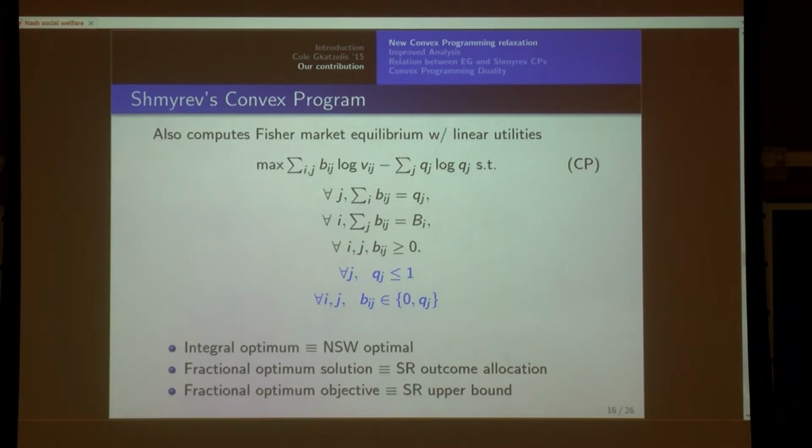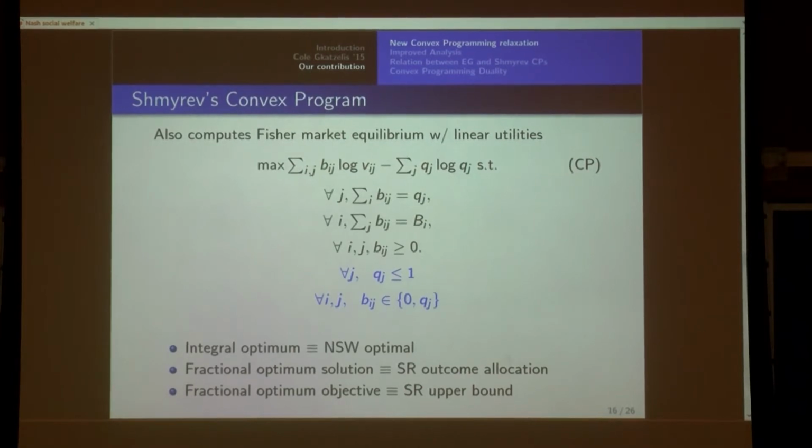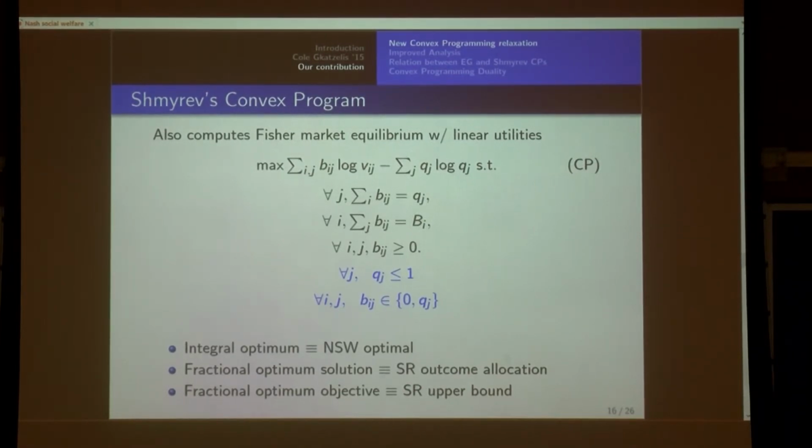What more? Without this, just with the Qj less than or equal to 1, the fractional version, the objective value is exactly the upper bound that I just showed, where you take only the high prices.